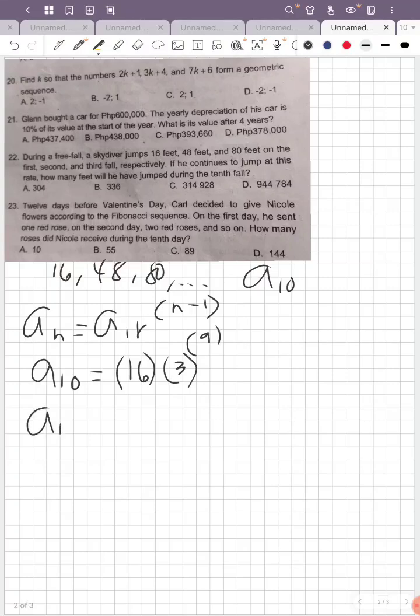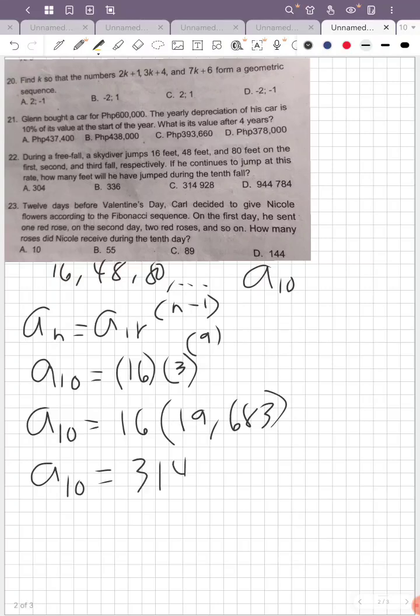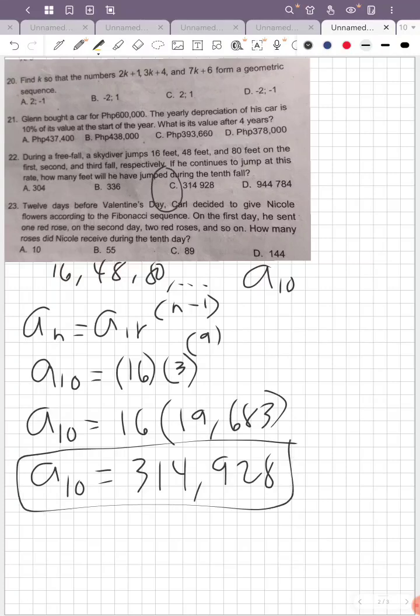So a sub 10 is equal to 16 times 3 to the power of 9, which is 19,683. So a sub 10 is equal to 19,683 times 16. The answer would be 314,928. So that would be letter C.